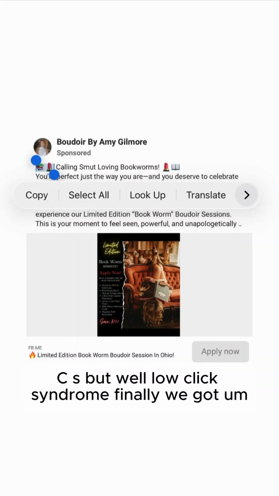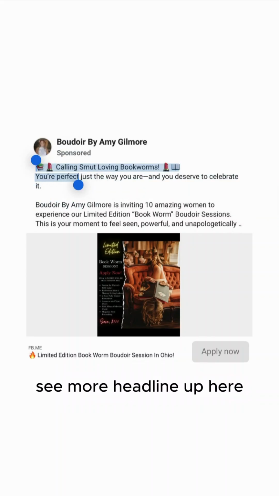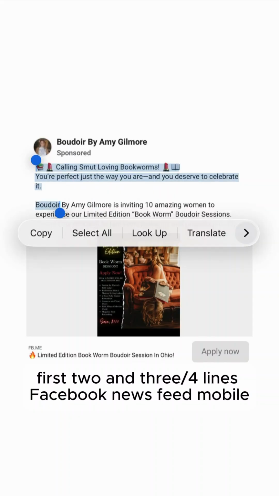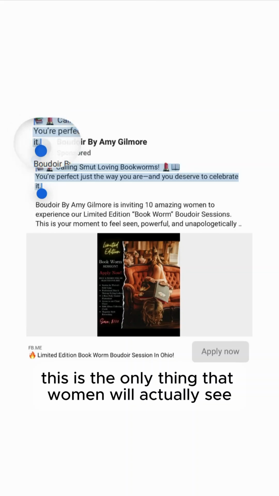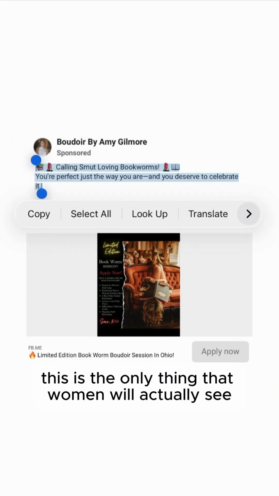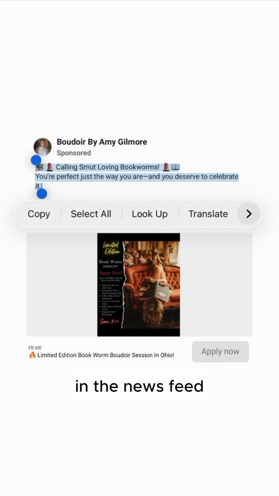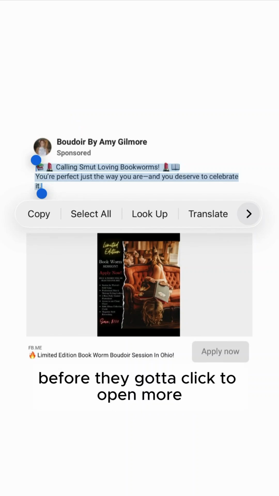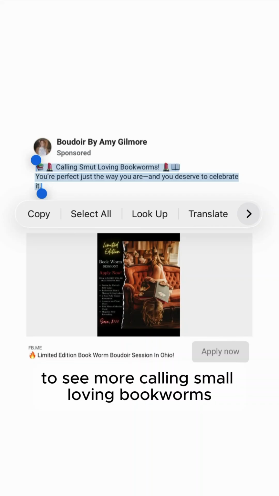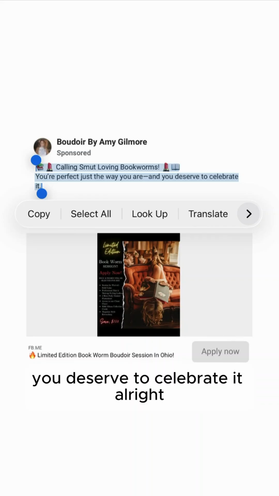Finally, we got the see more headline up here. First 2 3/4 lines, Facebook newsfeed mobile. This is the only thing that women will actually see in the newsfeed before they click to open more. Calling small 11 bookworms. Perfect just when you deserve to celebrate. All right, so small amounts of context here, but this is the lack of context mistake.